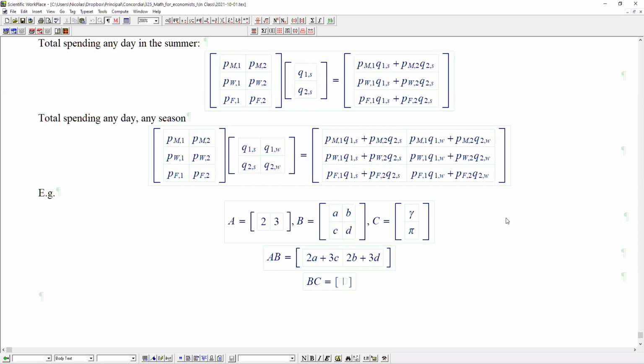2 times 1. Yes, so the resulting matrix will have the number of rows of the first, so it's 2 rows, and the number of columns of the second one, so 1 column. And Patrick said it perfectly, so I do the same: I get A times gamma plus B times pi.